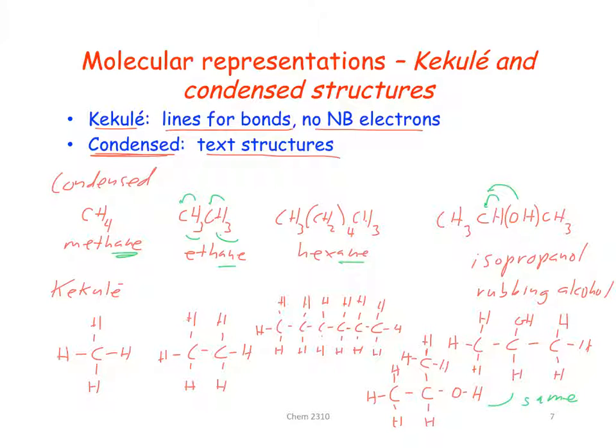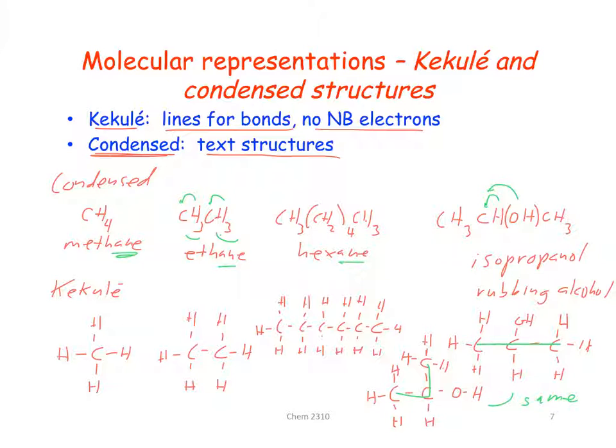So it's not important whether these are in a line or whether they're in a curve or a corner here. What's important is that the 3 carbons are connected to each other, and that the OH, the alcohol, is connected to the middle one.